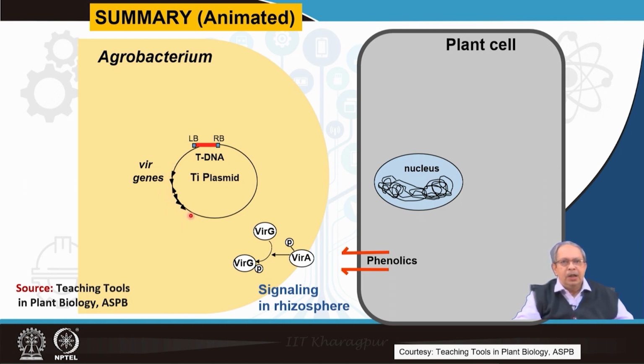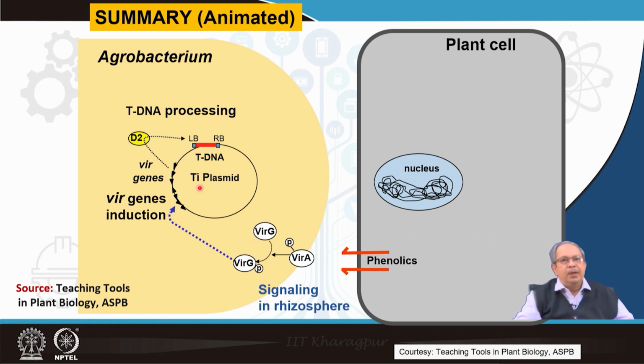As a result, we see the induction of other vir genes. Once this is induced, it produces VirD1, D2, D3, and then it starts the processing of tDNA.